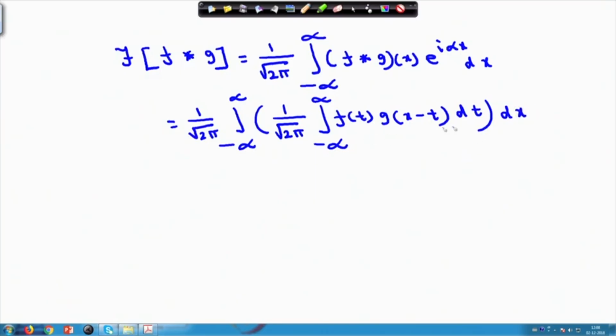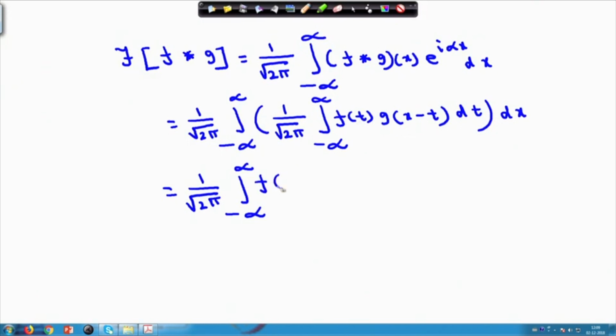Now, without changing the value, we can interchange the order of the x and t integrals. I am keeping 1 by root 2 pi as it is, and if I change the order of these two integrals, then dx will come first.